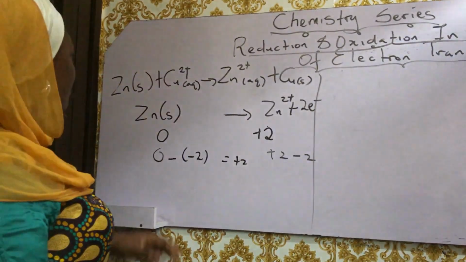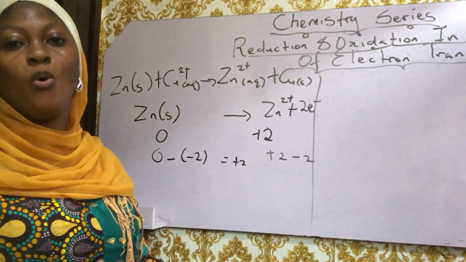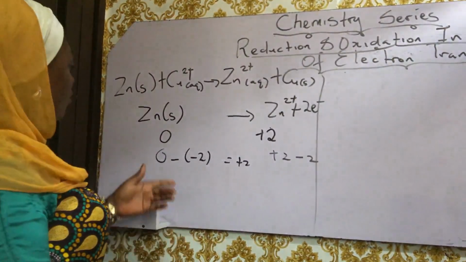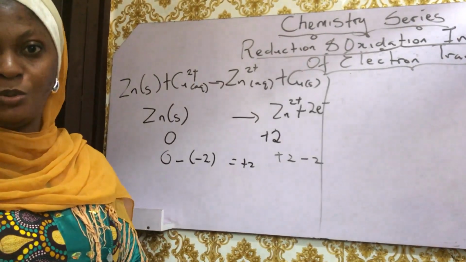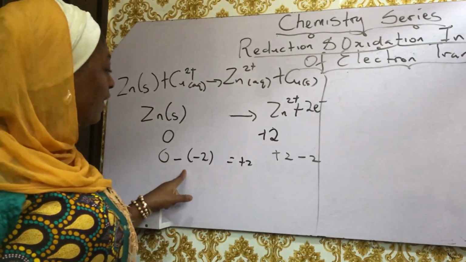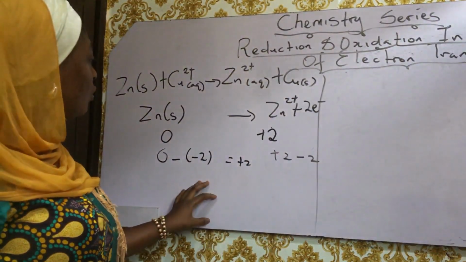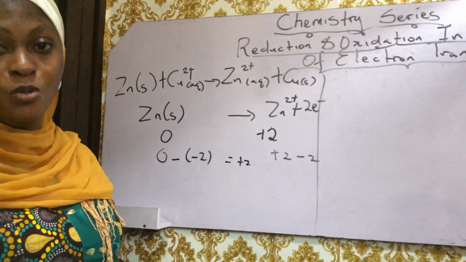So it means that zinc changing to Zn2+ undergoes oxidation because there is a loss of 2 electrons. So in this half reaction, zinc is undergoing oxidation to become Zn2+.